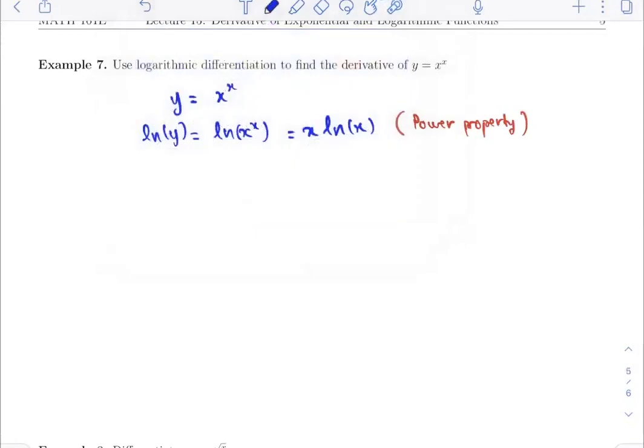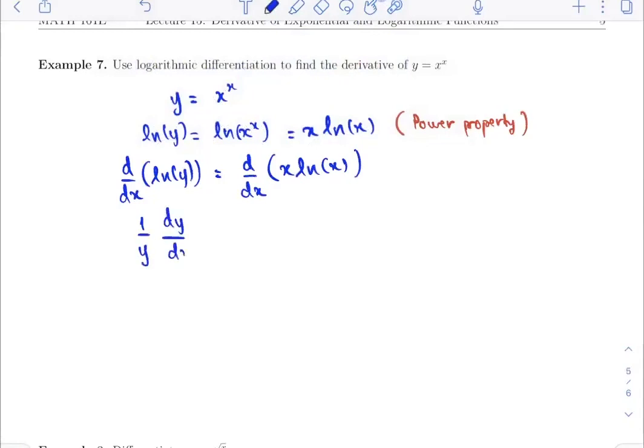The next step is to take the derivative on both sides of the equation with respect to x. I get d/dx of ln of y equal to d/dx of x times ln of x. The left-hand side is always going to be the same: the derivative of ln of y is 1 over y times dy/dx.